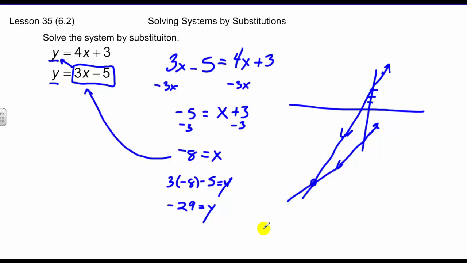And that point of intersection on the graph would be at negative 8 and negative 29. So the solution to these systems are ordered pairs, just like they were when we were graphing, but we've done this solving algebraically rather than graphically. So we have negative 8 and negative 29 as our solution of our system.